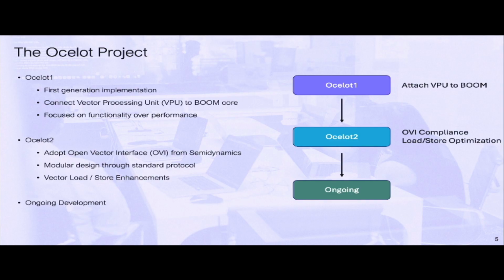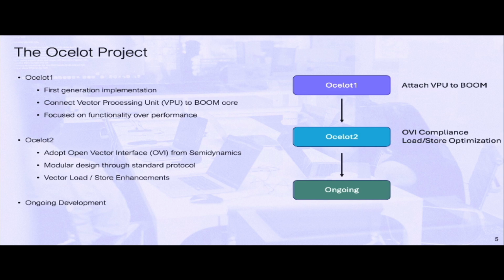With OVI in place, both the Boom core and the VPU became modular components. That means you can mix and match, plug in different VPUs or scalar cores, as long as they speak OVI. This opens up a lot of flexibility for research and development. You can, for example, compare different VPU designs or upgrade the scalar core without needing to rewrite the entire system.